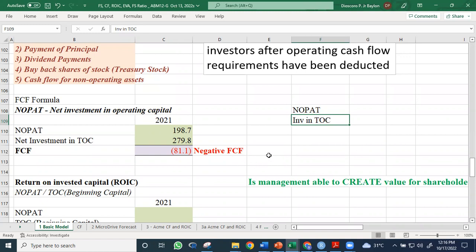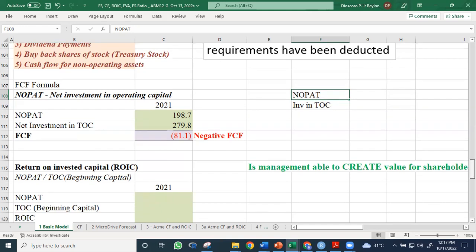Pag negative free cash flow, in general, it might mean bad. Kasi nga, it might be coming from a negative NOPAT. Okay? In general yun but sabi natin, we don't stop there. We have to look at the reason for why it was negative, or even reason kung bakit siya naging positive.